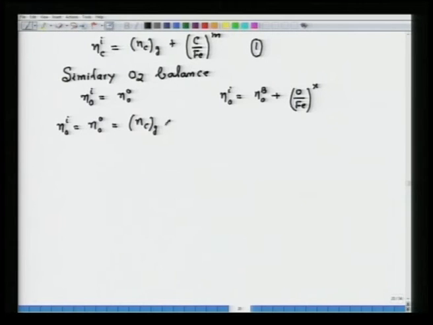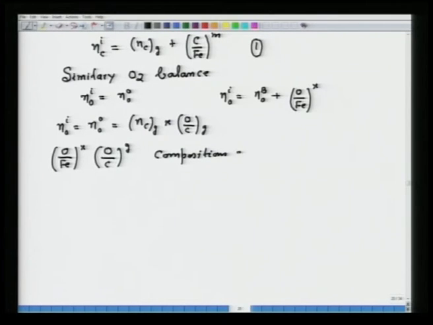into O by CG, where I can just put the notation O by Fe x and O by CG, they are the compositions of incoming iron oxide and outgoing gases.